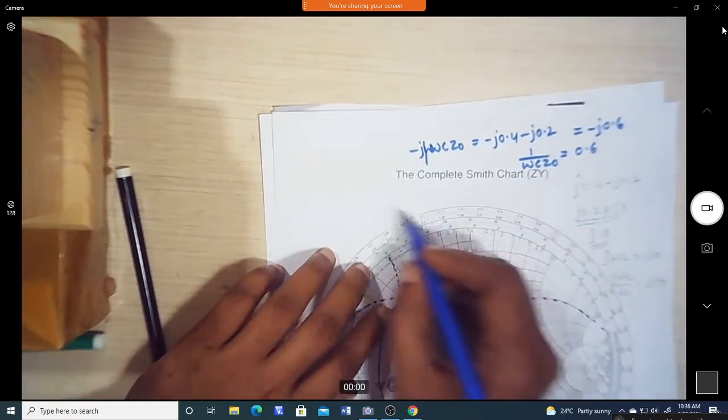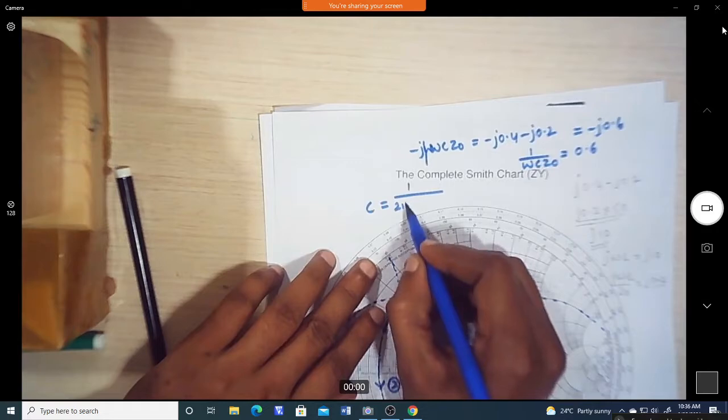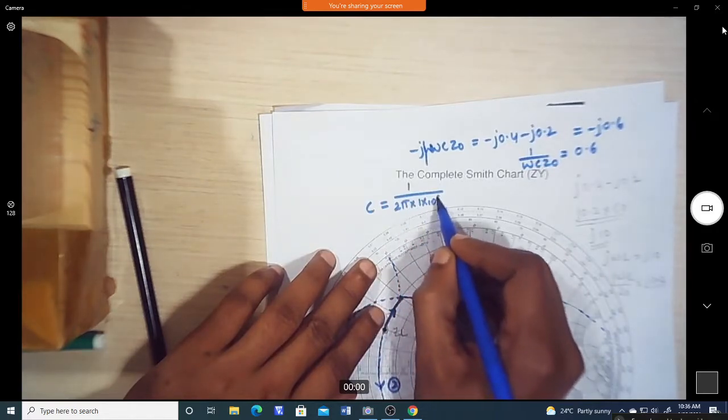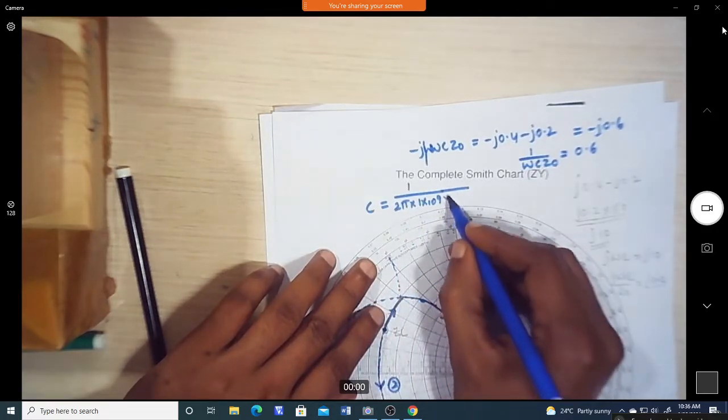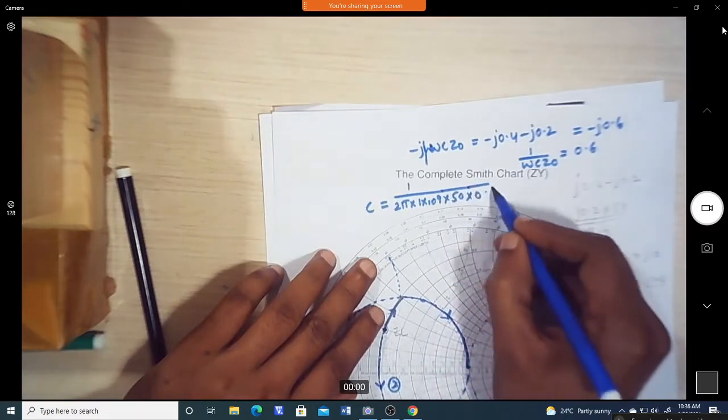Now we can get the value of capacitance, which is equal to 1 over 2 pi into 1 into 10 power 9, that is f, into Z naught, which is 50, into this value, which is 0.6.